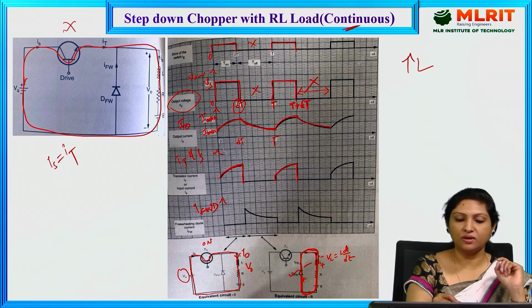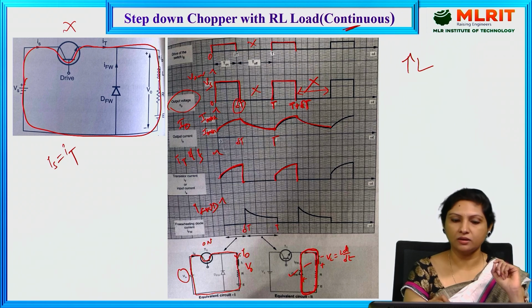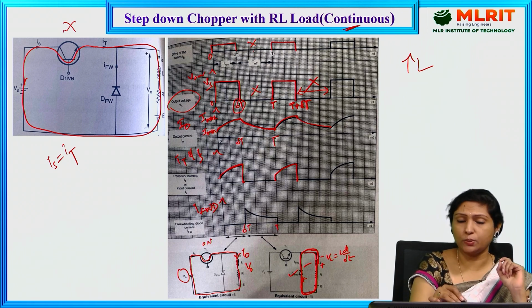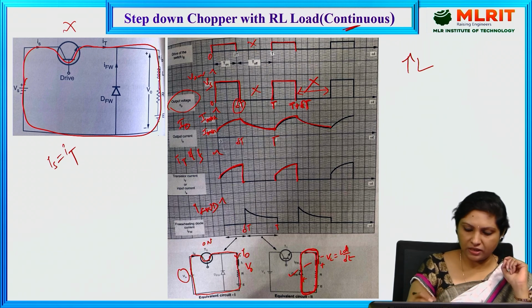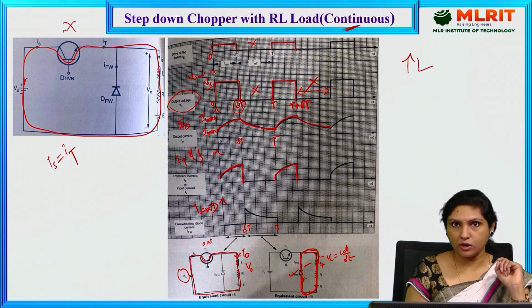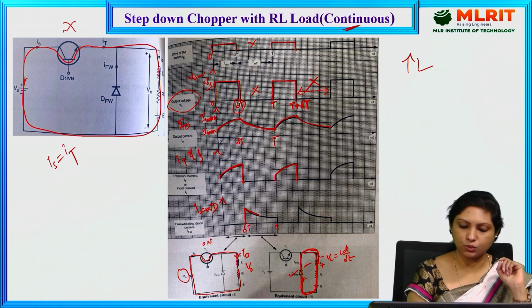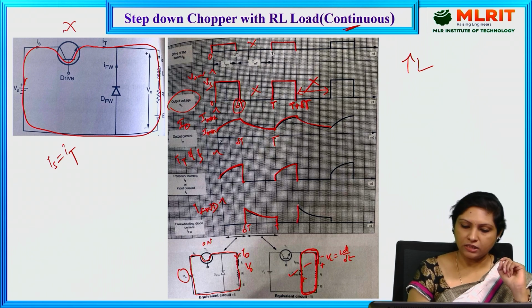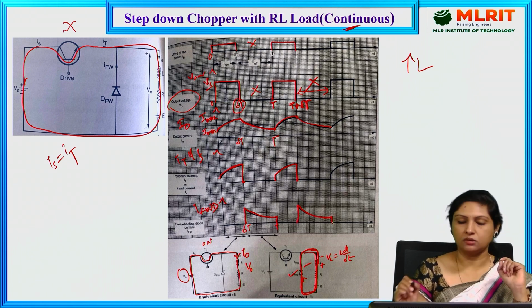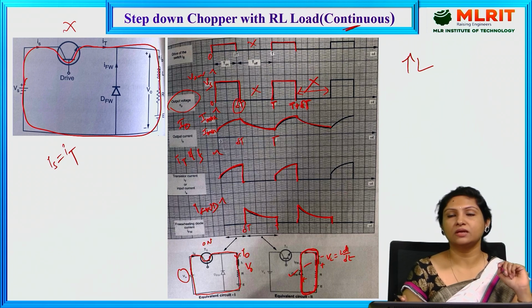And if you see, the freewheeling diode is coming into the picture from delta T to T. The moment at delta T, when we have withdrawn the base drive, the voltage across the inductor is making the freewheeling diode forward biased, and that is how the freewheeling diode is conducting from delta T to T. And again from T plus delta T and so on. The cycle repeats. This is the waveform across the freewheeling diode.